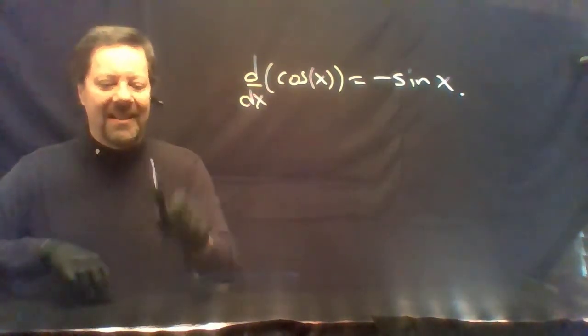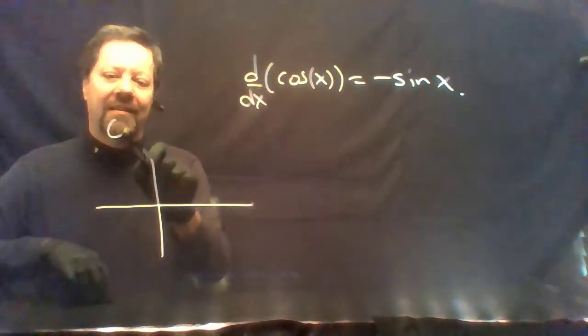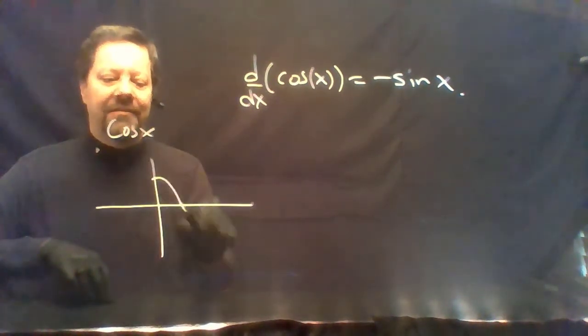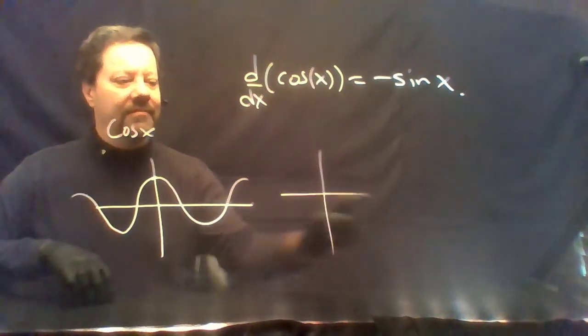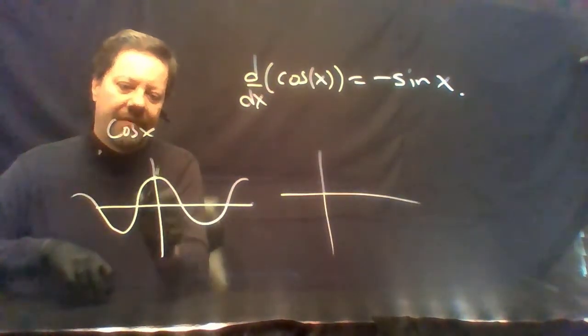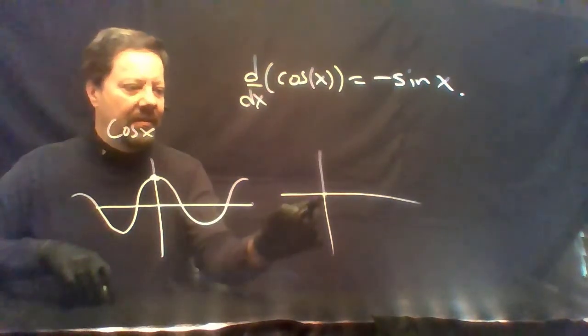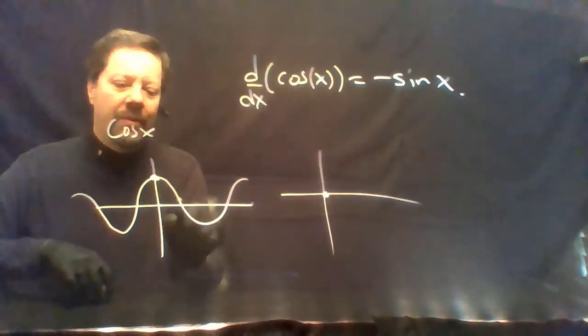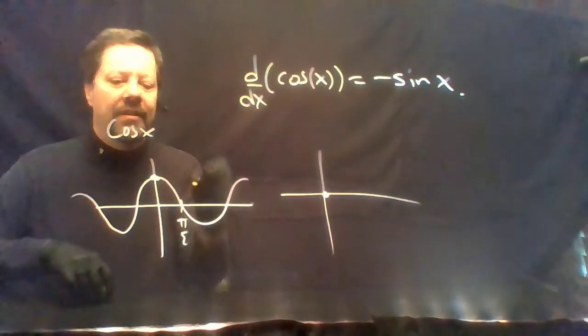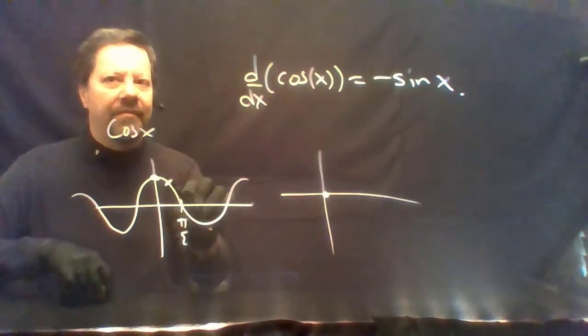Let's see if that makes sense. The graph of cosine goes like this. The derivative at 0 will be 0. When you move forward towards pi over 2, the derivatives go negative.